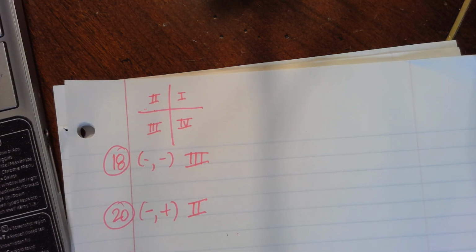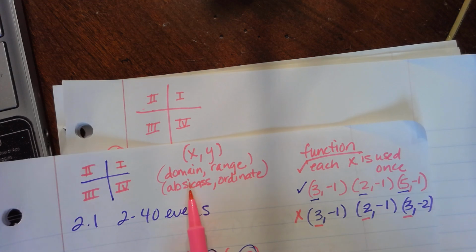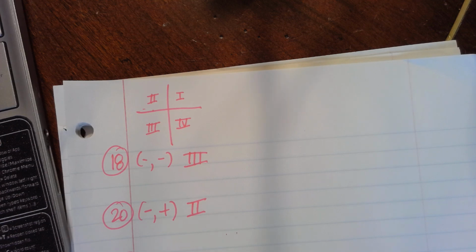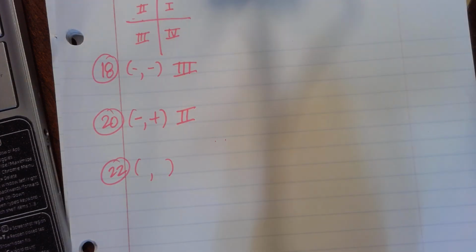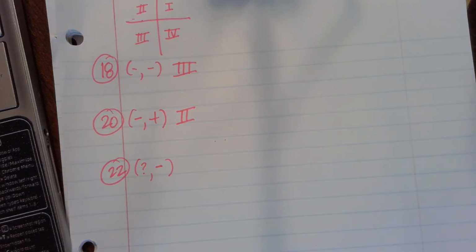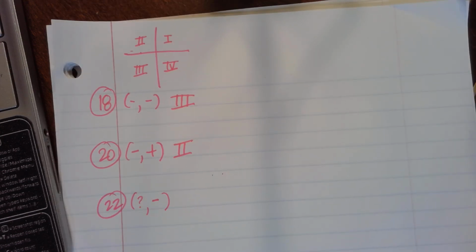Oh yeah, here it is. So the abscissa is the x, and the ordinate is the y. So if it says for 22 that the ordinates are negative, I don't know anything here about the x, but I do know that the y is negative.